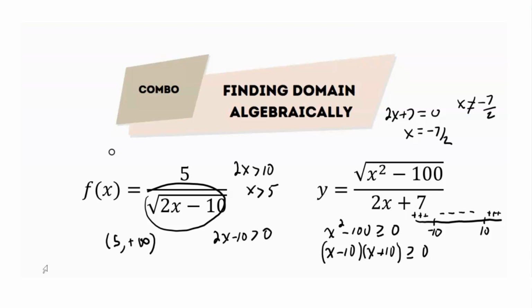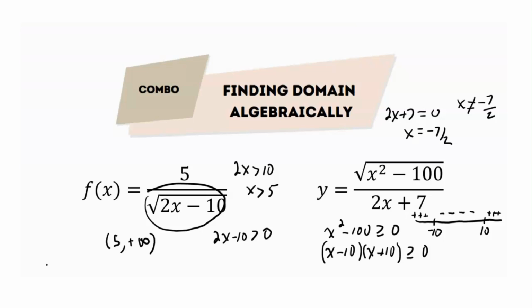So that means that in this case, negative 7.5, negative 7 halves, can't be part of the domain. But we can see here that negative infinity to negative 10 is part of my domain, and positive 10 to positive infinity.